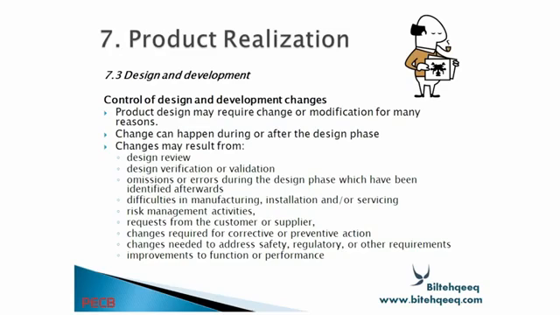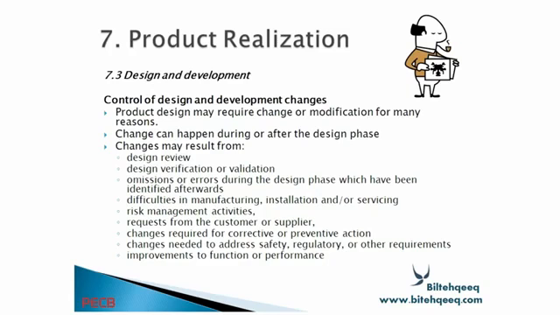Control of design and development change. If there is any change in design, it also needs to be documented. A product design may require change or modification for many reasons. Change can happen during or after the design phase.